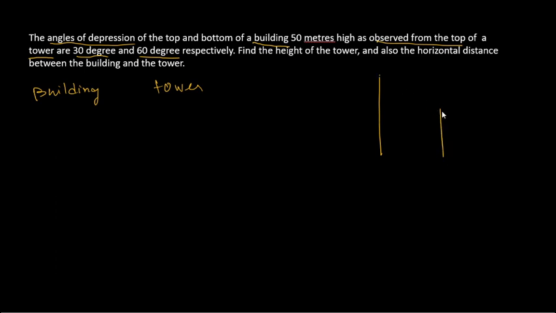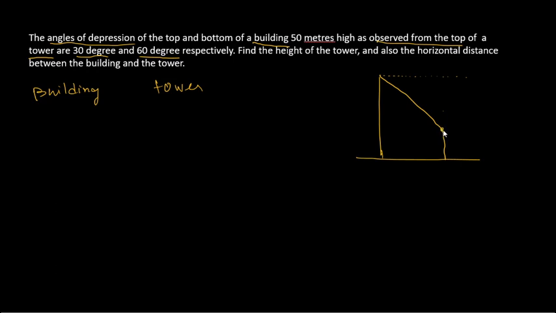So from the top of the tower, somebody is sitting at the top of the tower and looking like this. So this is the equal level, is it not? And from this, the top of the building is viewed like this. And this is the tower. Are you able to follow? So this is the tower and this is the ground level.